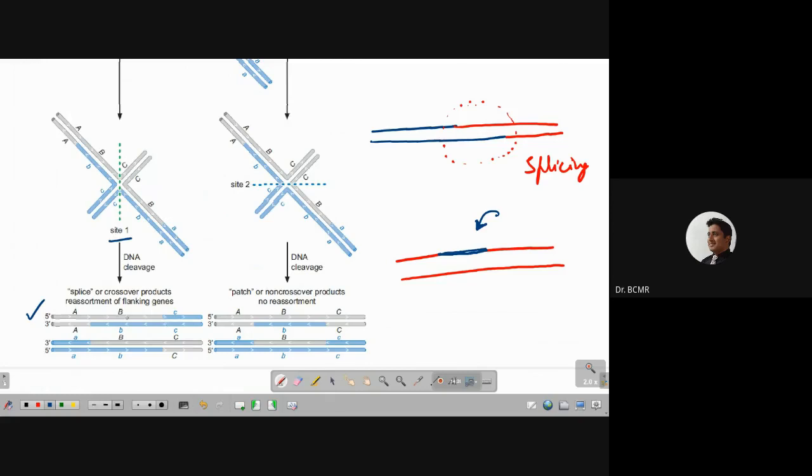You can see the gray part is from one DNA molecule and the blue is from another DNA molecule, right? Whereas compare it with the patch or non-crossover products, where all the DNA molecule is with capital alphabets or genes you can think of, except this small patch of strand, and those are called patch products.